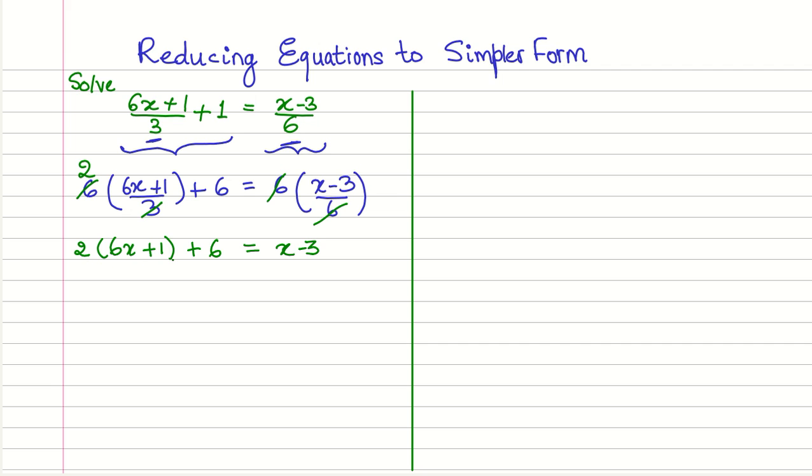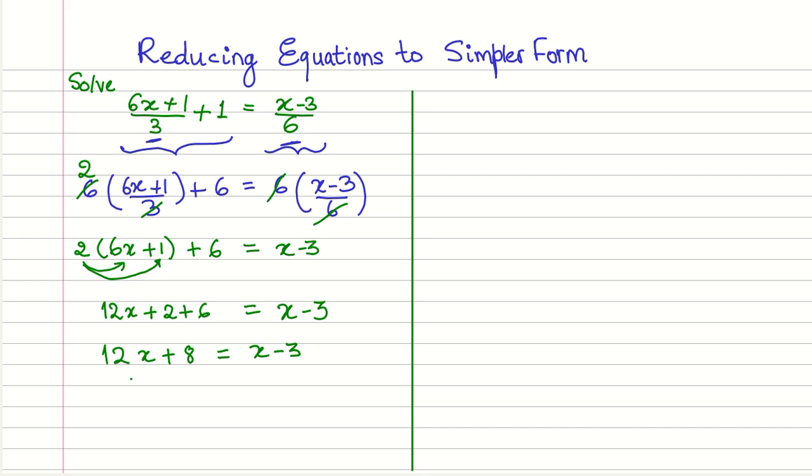Now we simplify this further by opening up the braces: we multiply 2 by 6x and also 2 by 1. So 2 times 6 is 12, x remains as it is, 2 times 1 is 2, plus 6 equals x - 3, or we have 12x + 8 = x - 3.